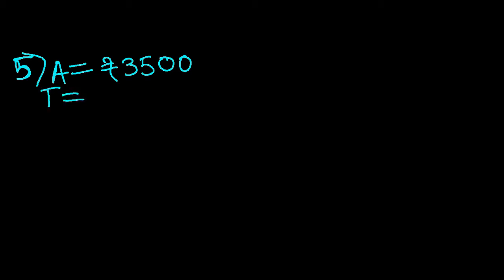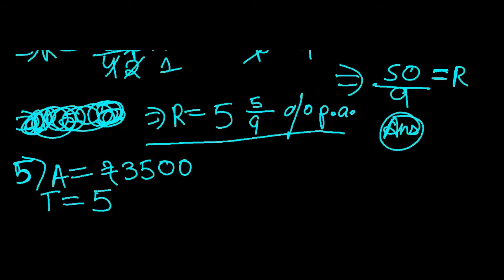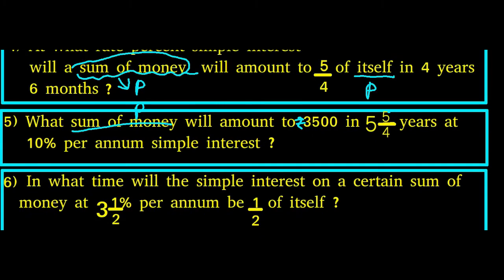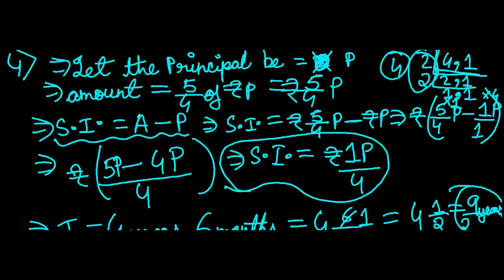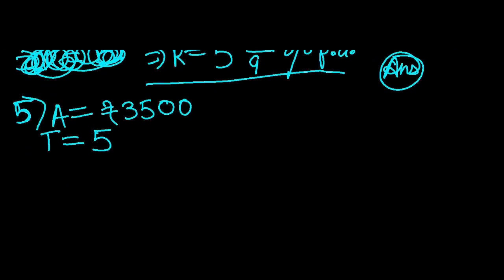Time is equal to 5 by 4 years, which is equal to 4 fives are 20 plus 5 is 25. It is equal to 25 by 4 years.